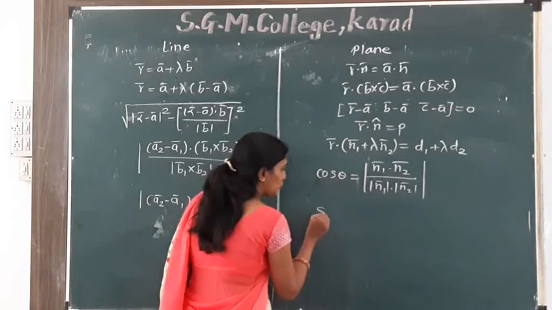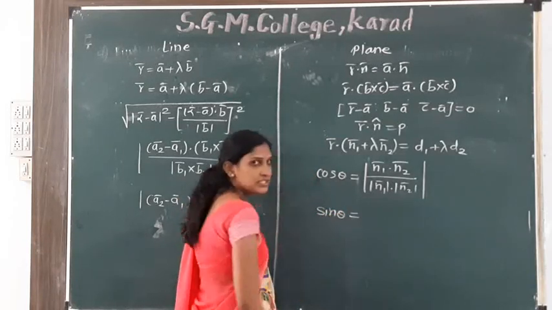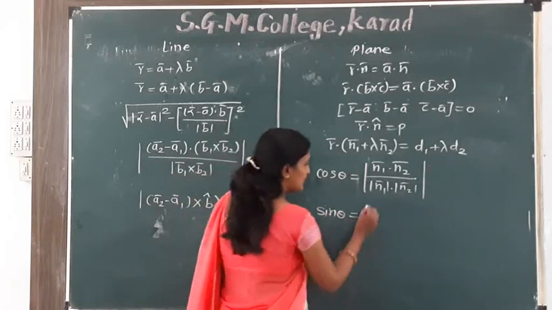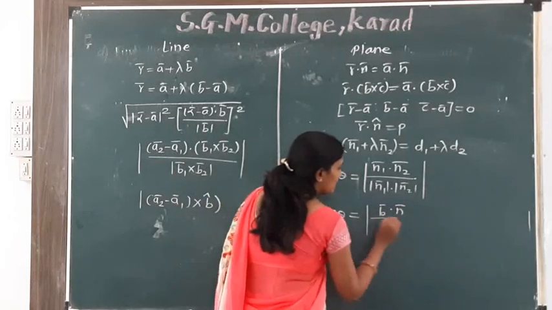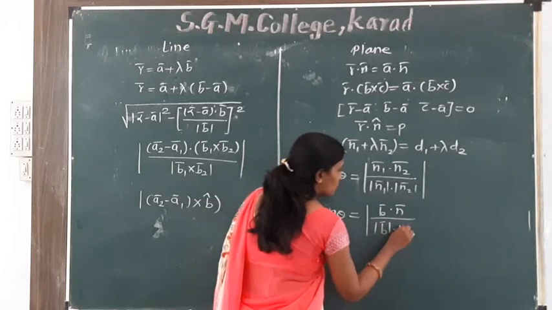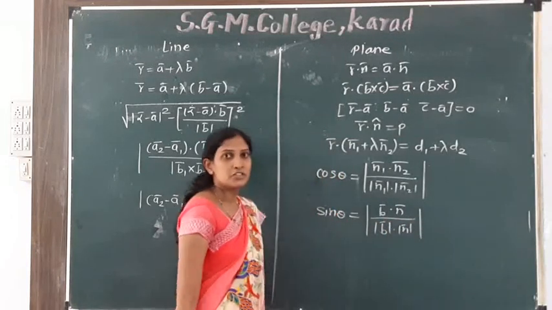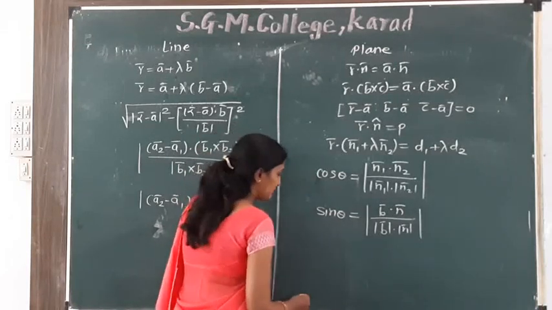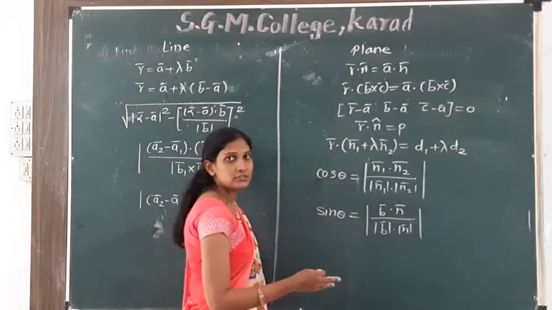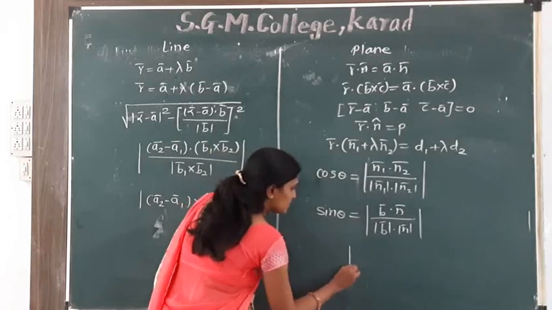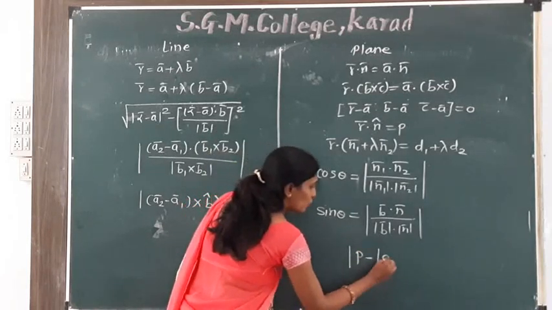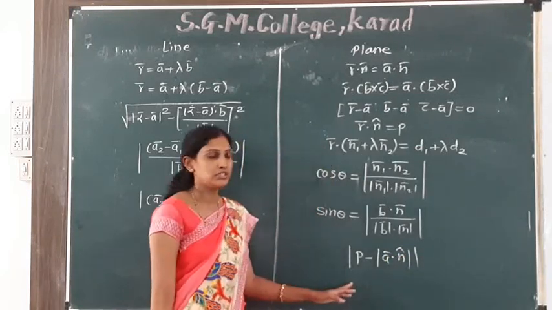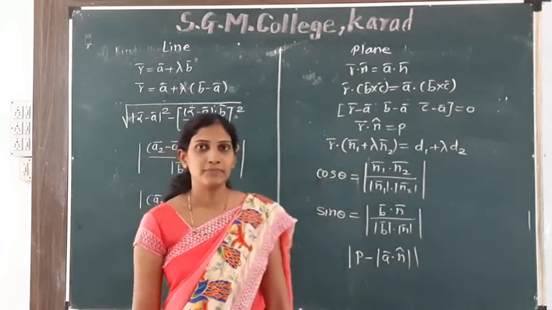Then angle between line and plane, which is sin theta equal to b bar dot n bar upon mod b bar times mod n bar. The condition of coplanarity. And last point is distance of a point from the plane, which is mod of p minus mod of a bar dot n cap. This is the distance of a point from the plane.